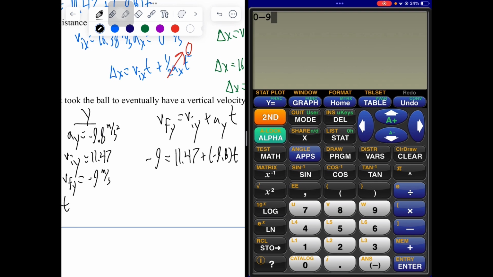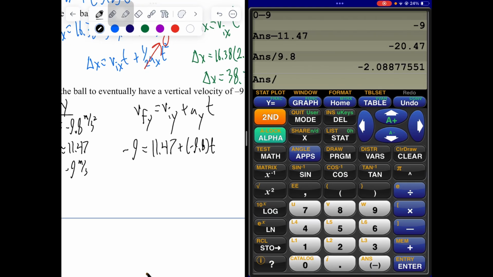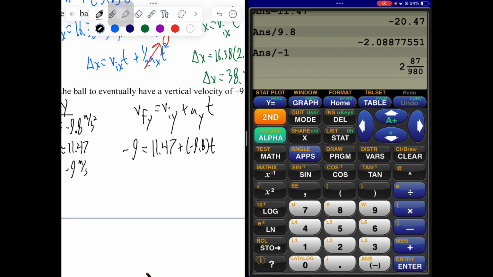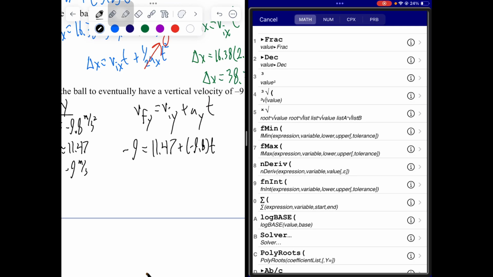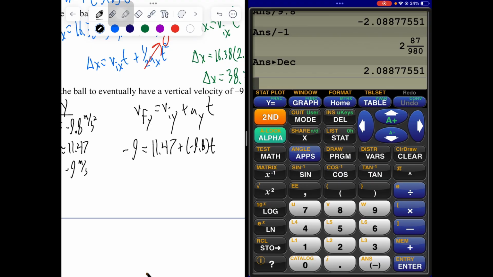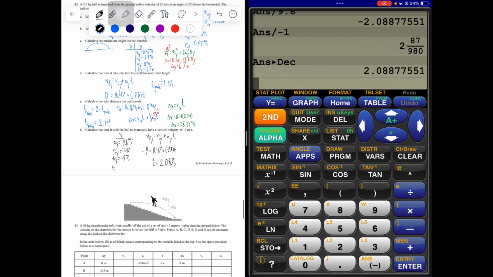And start with 0. And we end up with negative 9. Now we subtract 11.47. Divide by 9.8. I meant to divide by negative 9.8, but we can divide by negative 1. And let's force that to give us a decimal. The time, 2.089 seconds.